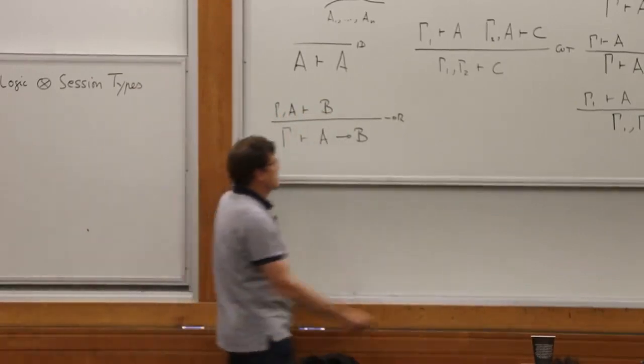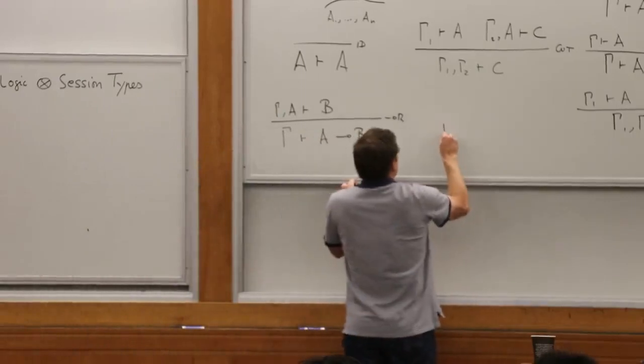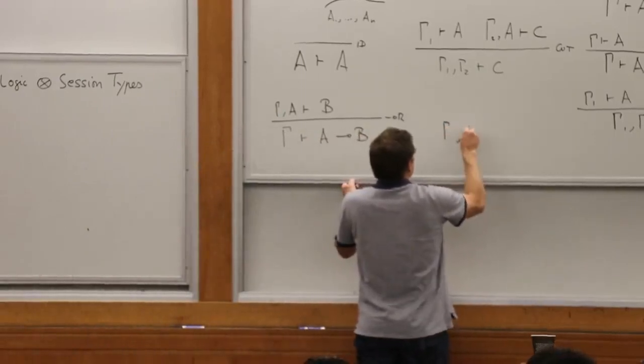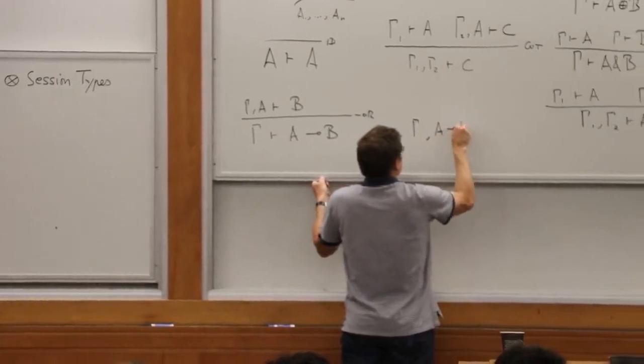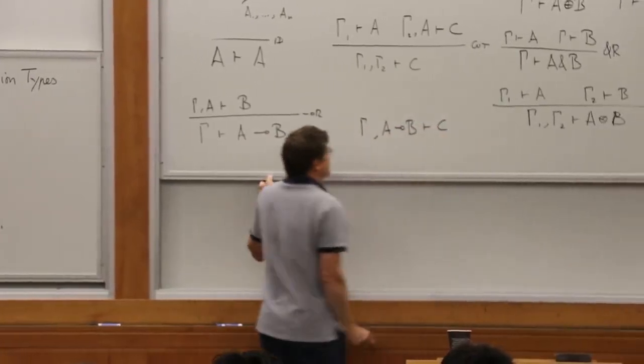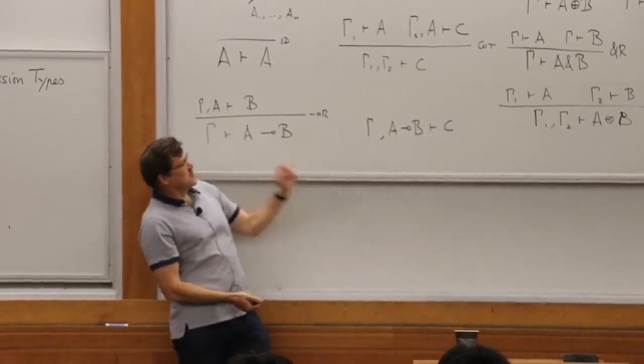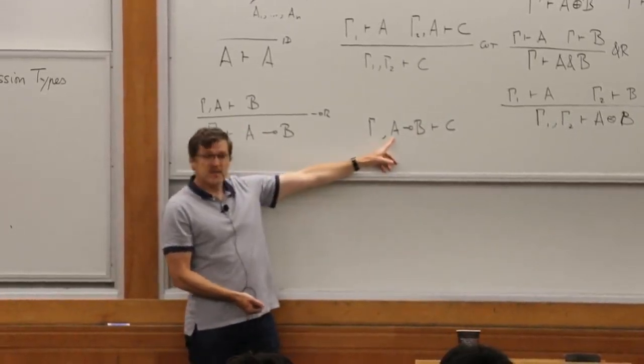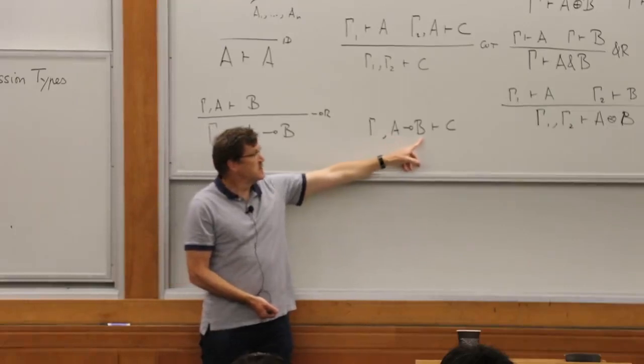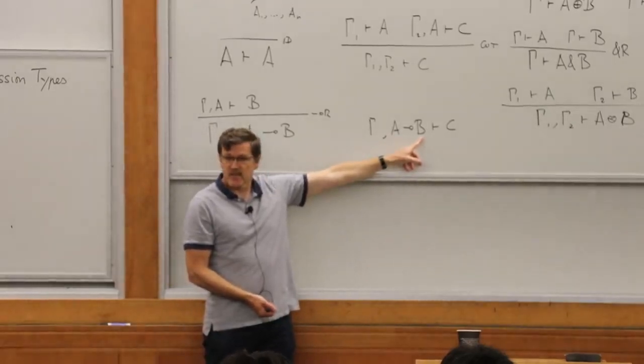Now we have to think about what that means for the left rule. Okay, so if we have A implies B, trying to accomplish C. The way we think about this is that if we have such a proof, we have a way to transform a resource A, if we have that, into the resource B. Okay?